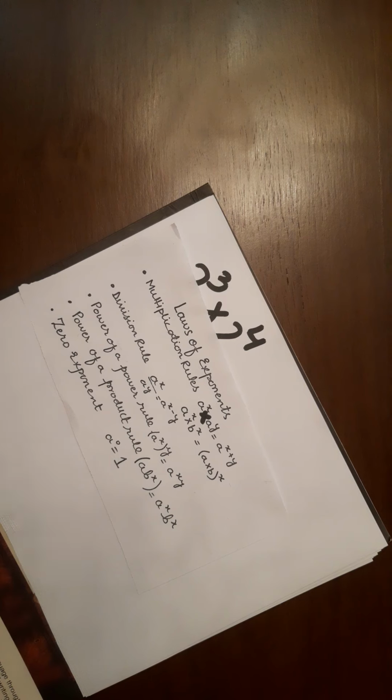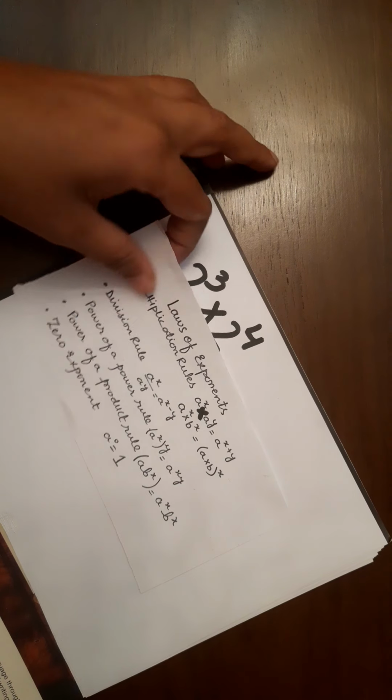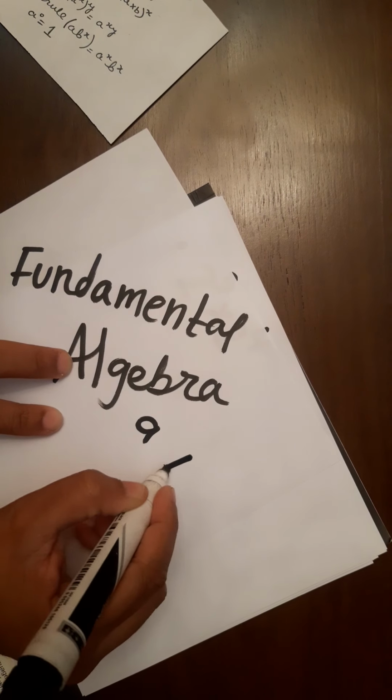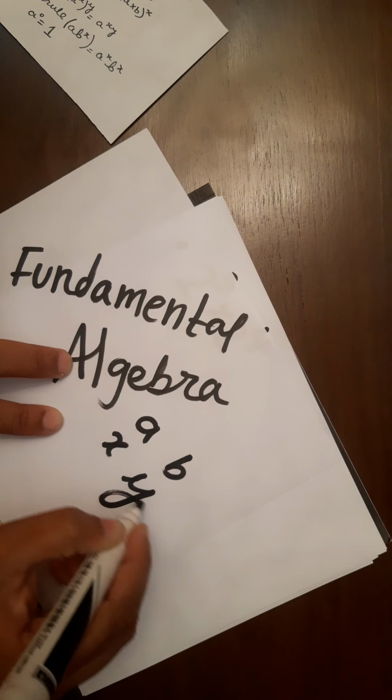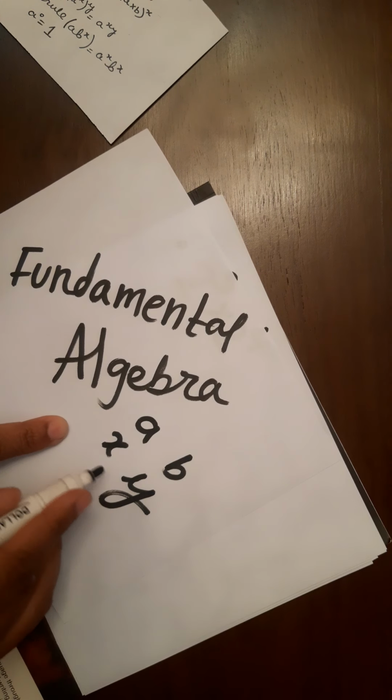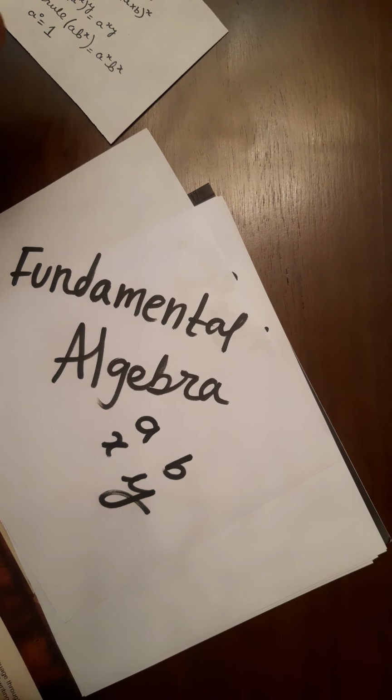So a can be any base, x can be anything, y can be anything. Here A, B are actually bases, and x, y have been taken as exponents.